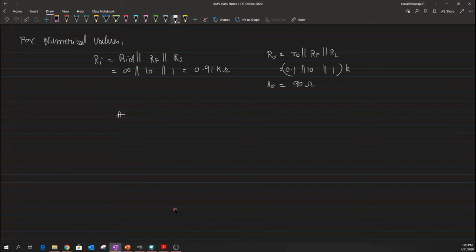We still need to compute the basic amplifier's gain. Okay. So this is the expression that we have got earlier, and just using them directly here. And the value of mu that is given is 10 to the power 4. So I'm using that, and the value of Ri that we computed, which is 0.91 kilo. So I'm just not using the kilos here.